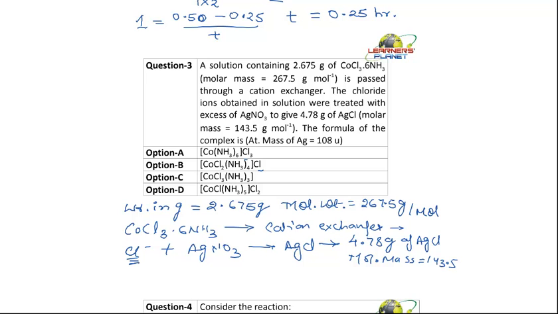What should be our first step, students? Let's find out the number of moles of Cl liberated, right? Now that will be equal to the number of moles of AgCl formed. Okay, or let's find out the number of moles of complex first.